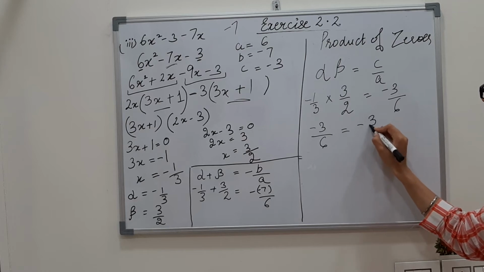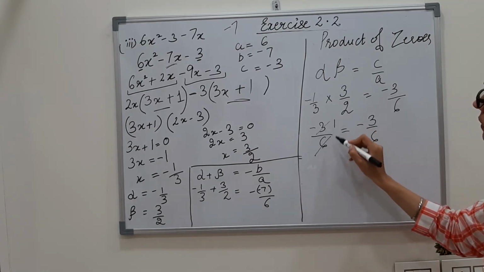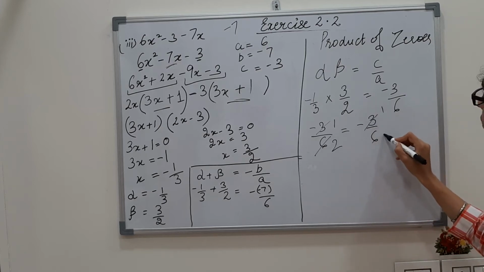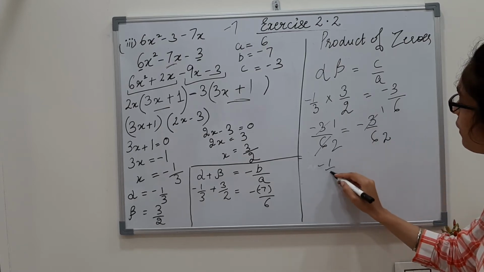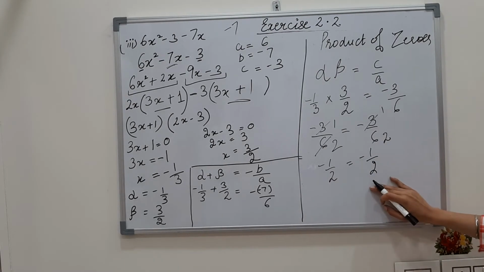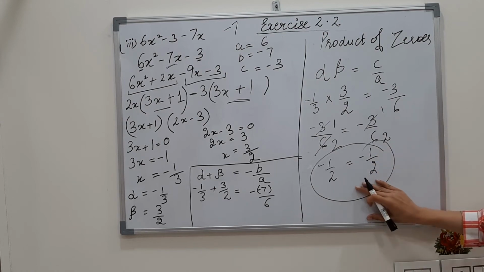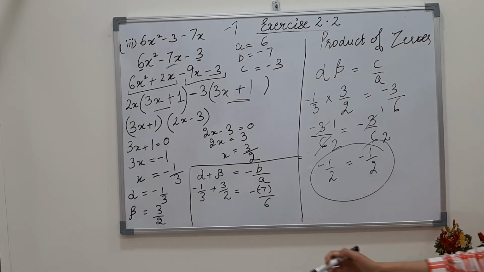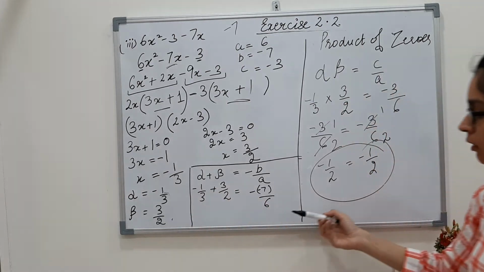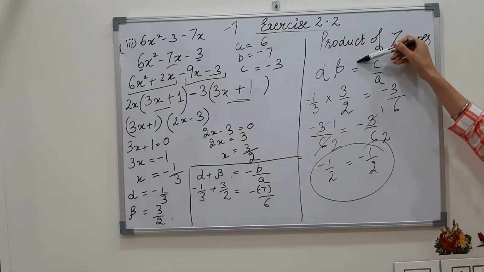It is minus 3 by 6. We'll further simplify it: 3 1 is 3, 3 2 is 6. So it will be minus 1 by 2 equals minus 1 by 2. That means your result for product is also verified. Hence we found the zeros and verified the zeros for addition and for product.